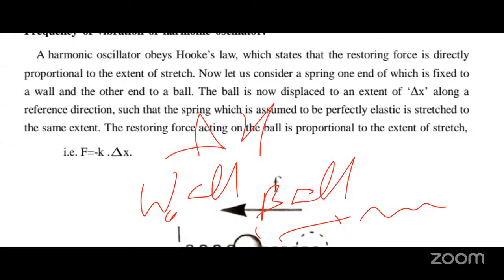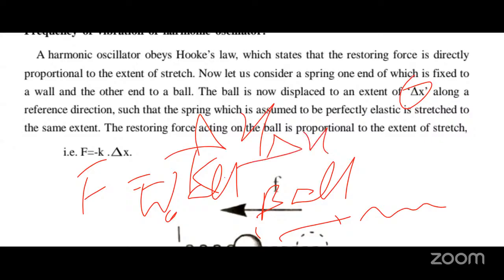The ball is displaced by delta x along the reference direction, such that the spring, which is assumed to be perfectly elastic, is stretched to some extent. The restoring force acting on this ball is proportional to the extent of stretch. So the restoring force F equals K times delta x.